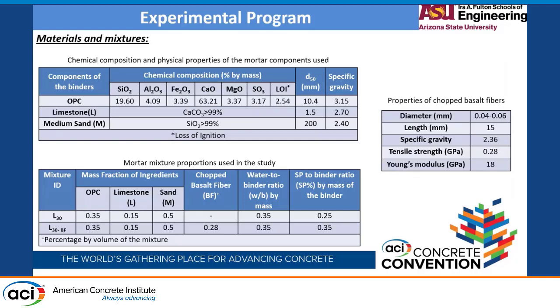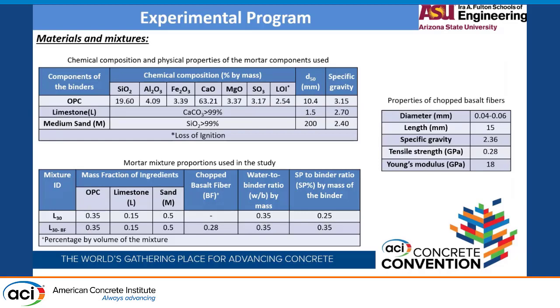The basalt fiber reinforced mixtures had 0.28% of basalt fibers by volume of the total mix. We have to keep some superplasticizer in the mix to allow for buildability and printability. So that was 0.25 by volume in our plain mix. And since the introduction of basalt fiber makes the mix a little more stiff, we have to increase the superplasticizer ratio to 0.35.